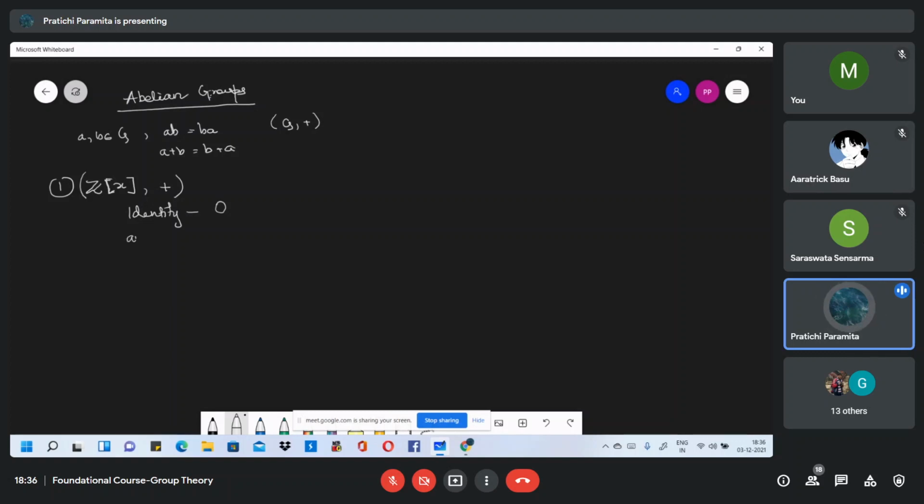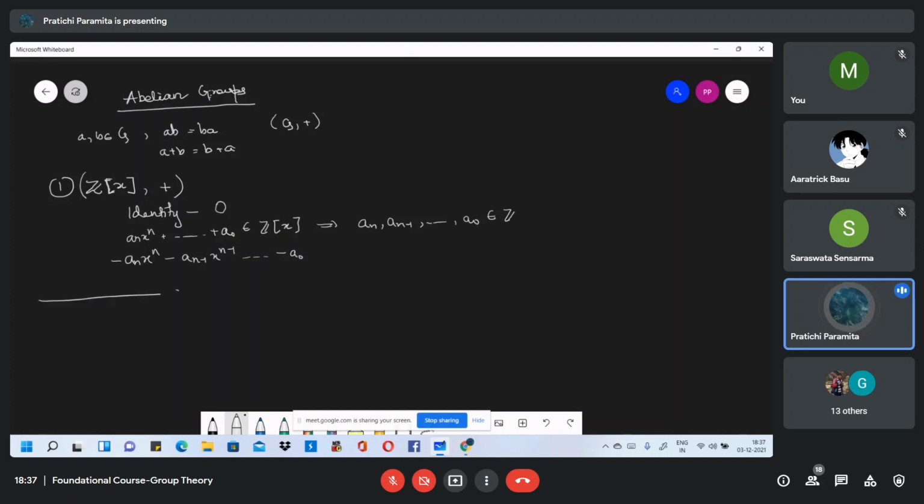And if a_n x^n + ... + a_0 is in Z[x], this implies that a_n, a_{n-1}, ..., a_0 are all in Z. So its inverse will be -a_n x^n - a_{n-1} x^{n-1} - ... - a_0. Since a_n, a_{n-1}, ..., a_0 are all in Z, then -a_n, -a_{n-1}, ..., -a_0 are also in Z. Associativity is also easy to prove. So this is an example of an abelian group.